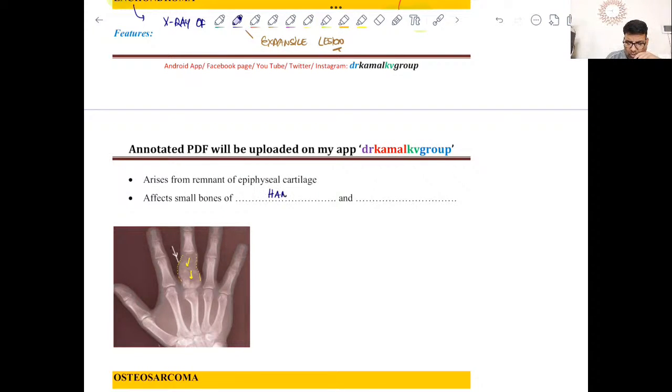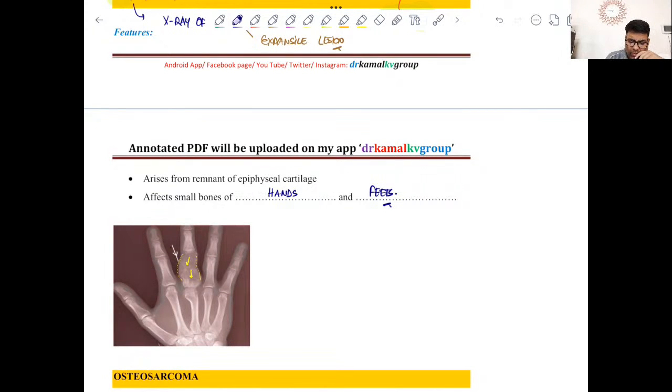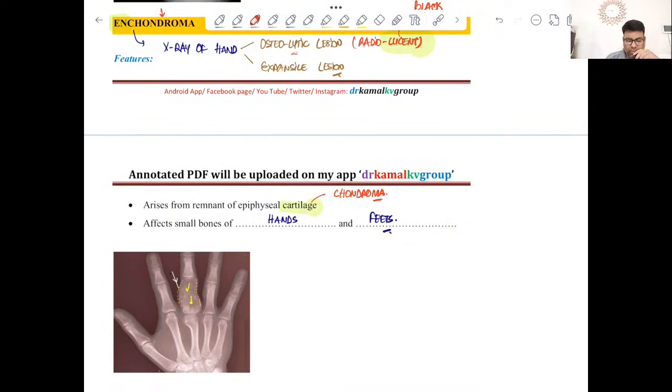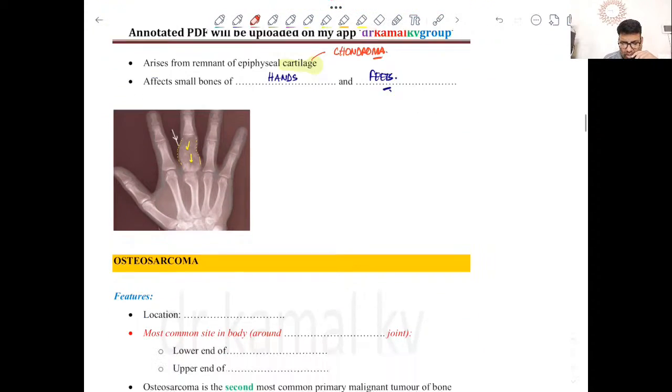It affects the small bones of the hands, or very rarely the feet as well. It arises from the remnants of epiphyseal cartilage, so the word cartilage contributes to the term enchondroma. Very easy to identify on X-ray.